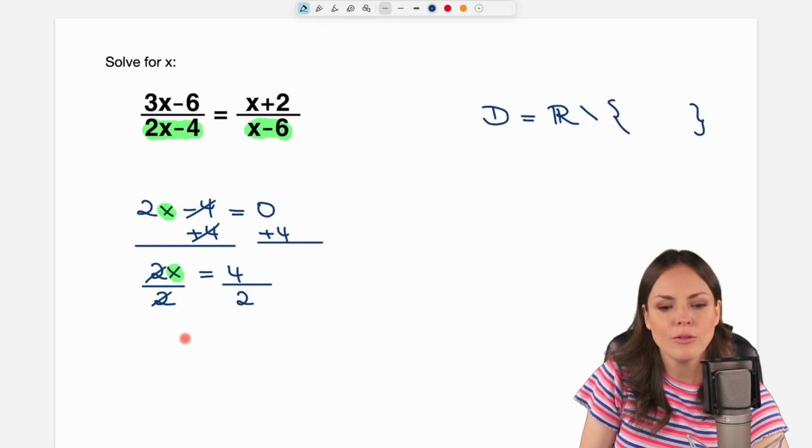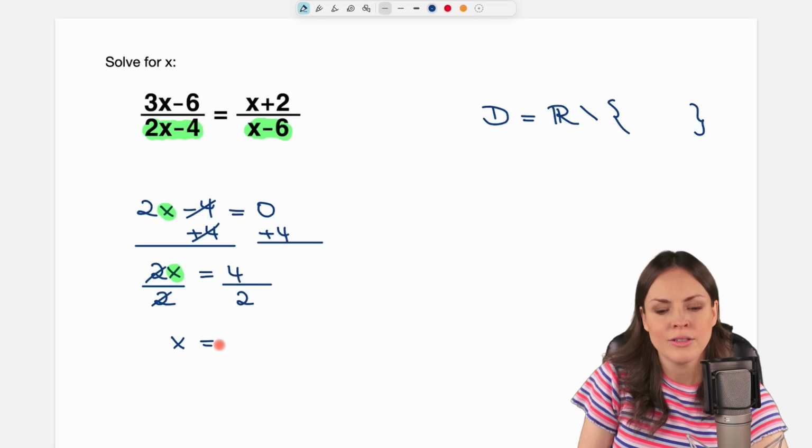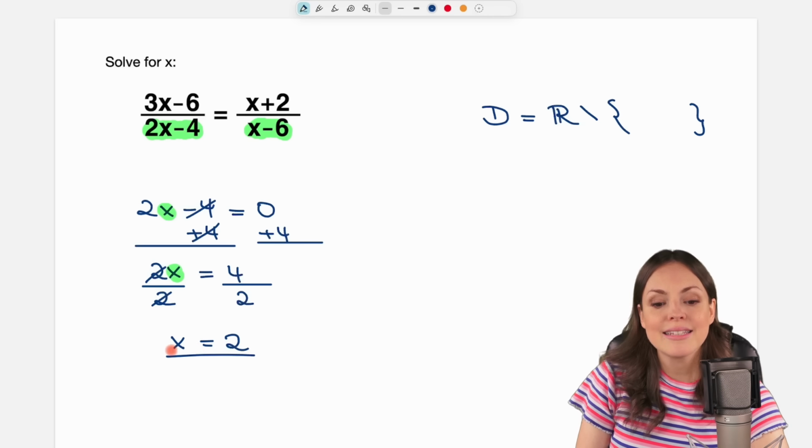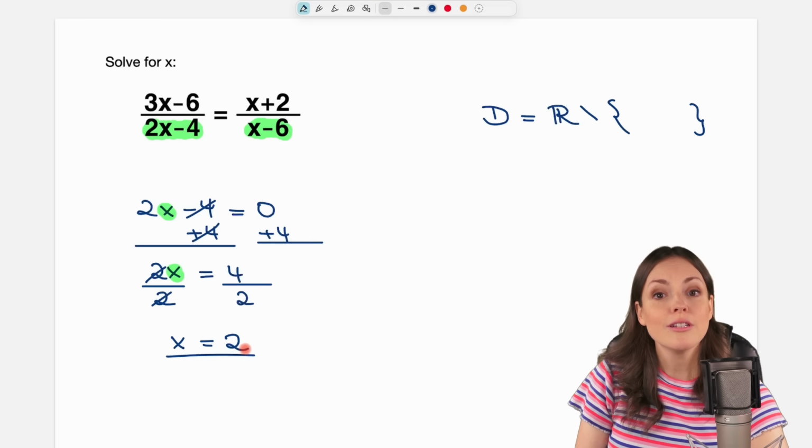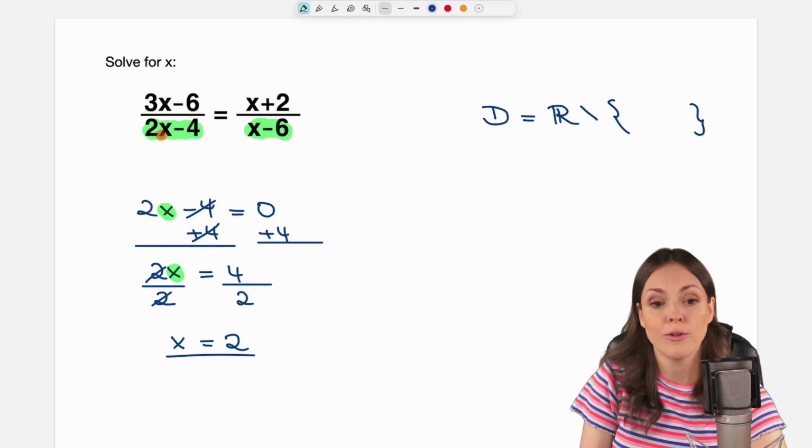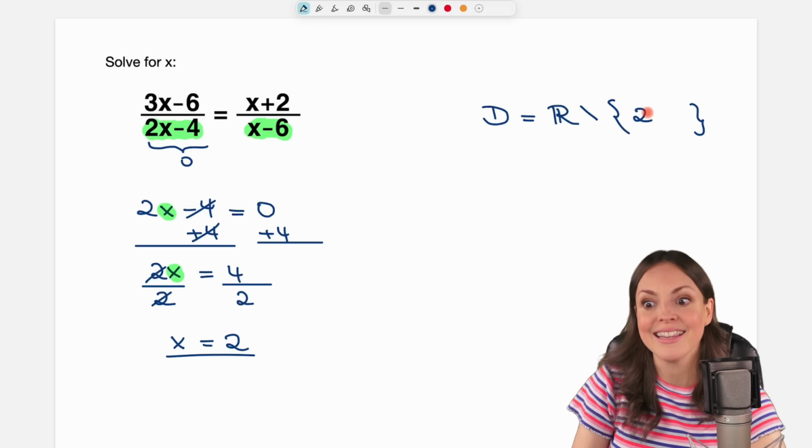This cancels out, only x is left, and 4 over 2 equals 2. X equals 2. If we would insert 2 for our x here, we would divide by 0. So 2 is one of the numbers that is not allowed in our domain.